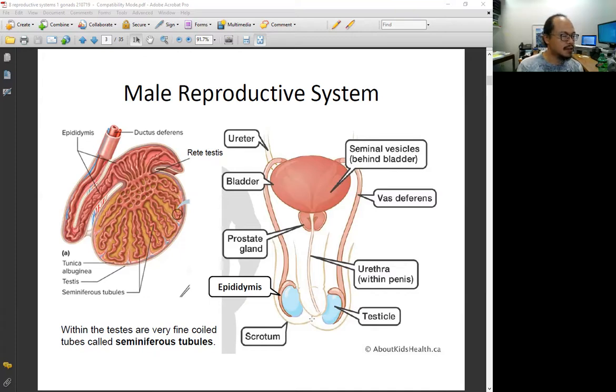So that's the anatomical organ and anatomical structure of the male reproductive system. All right.